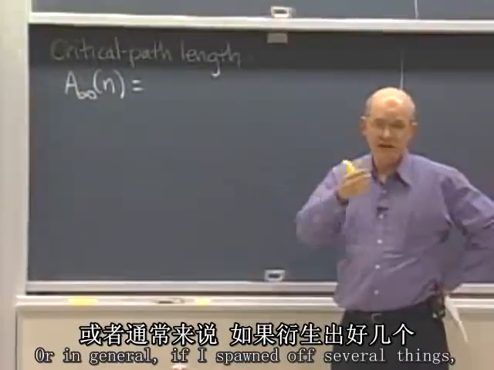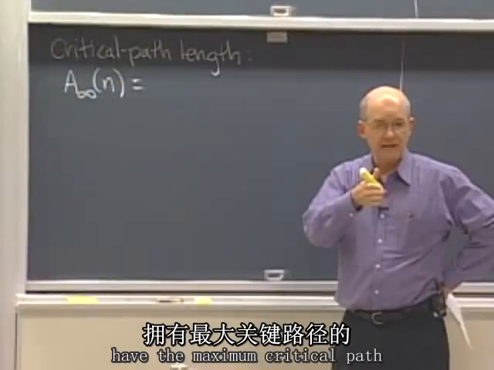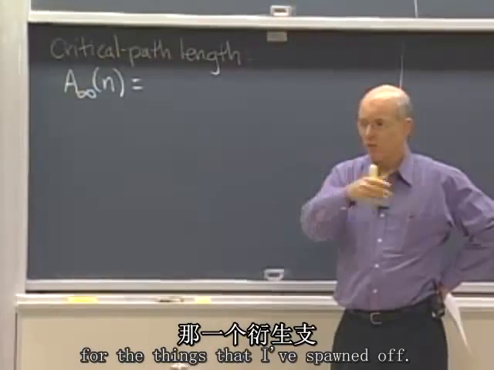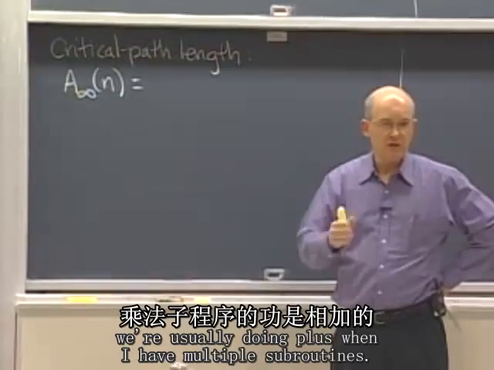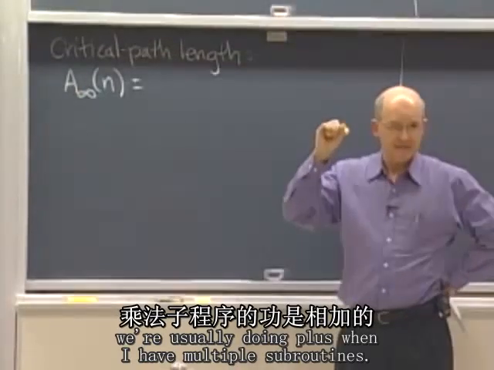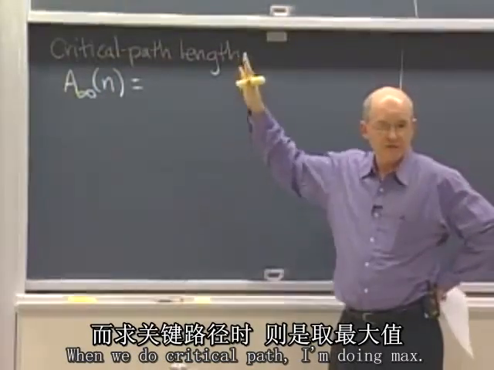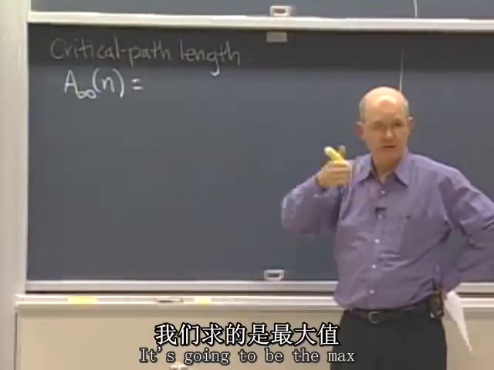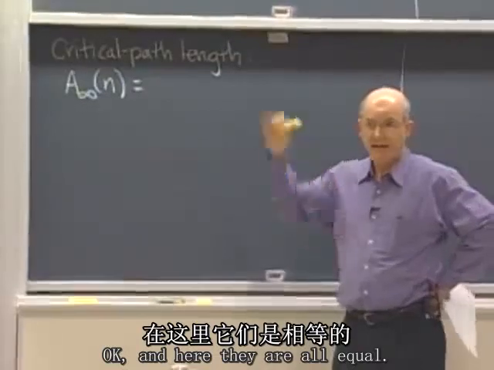Or in general, if I spawned off several things, I look at whichever one is going to have the maximum critical path for the things that I've spawned off. So when we do work, we're usually doing plus when I have multiple subroutines. When we do critical path, I'm doing max. It's going to be the max over the critical paths of the subroutines that I call. Okay, and here they're all equal.